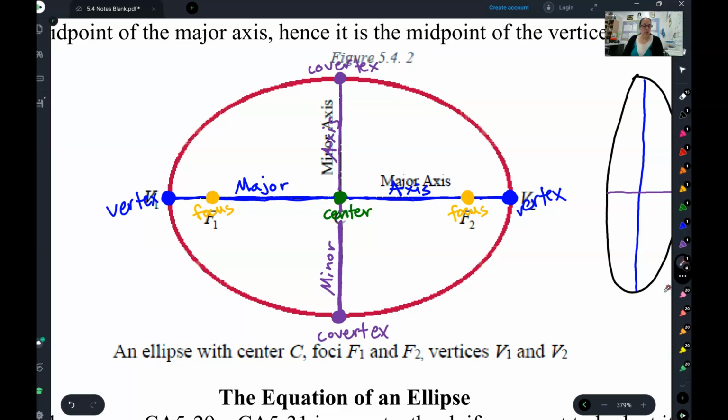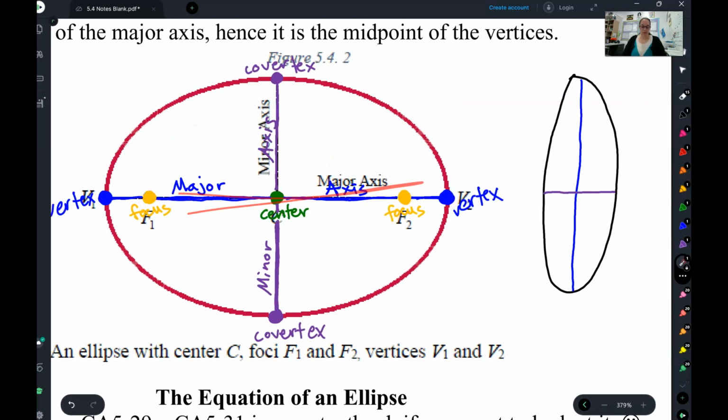Now, a couple things to notice about these foci. Number one, the foci will always lie on the major axis. So if you have an ellipse that's going up and down, your foci are going to be like this. They will always be on the major axis. Number two, these points will always be between the center and the vertex.